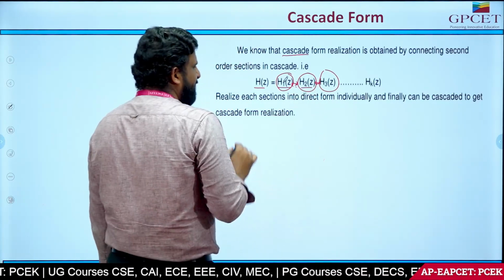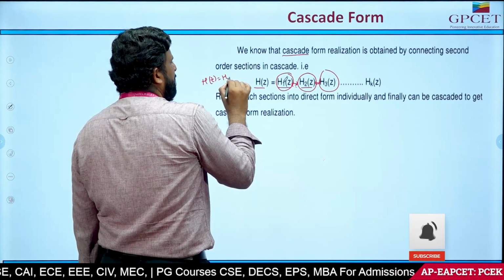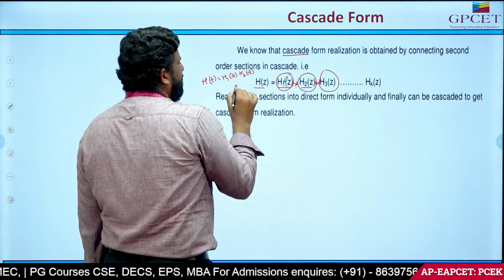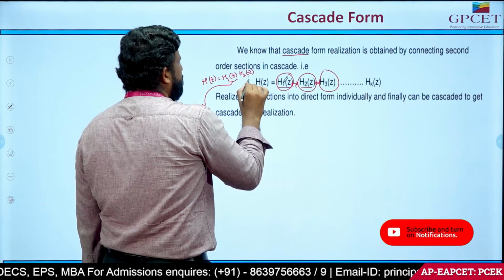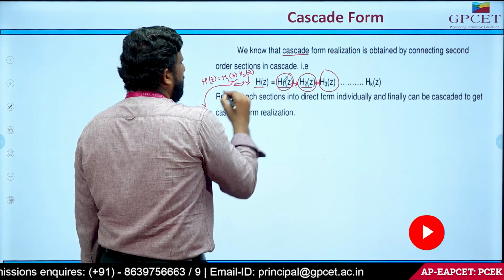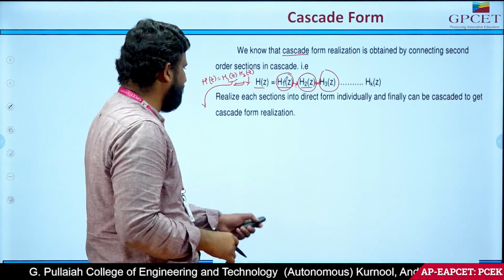What happens here? We will get the H of Z, which is nothing but the product of the individual impulse responses. After that we need to draw the H1 of Z realization and the H2 of Z realization. After drawing these two, we connect both so that it will be in the form of a cascade form realization. You will see that.